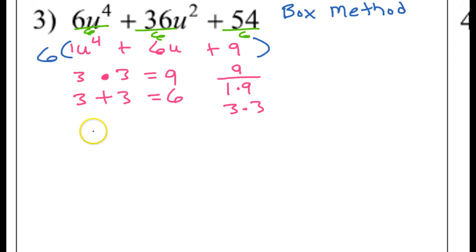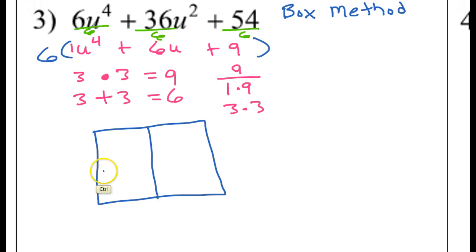Okay, so the box is going to be like this. In the first square, we put the first term, so u to the 4th power. In the last square, we put the last term, so that's going to be 9. Now, be very careful for the other two. I need you to understand that the other two squares are based on the middle.